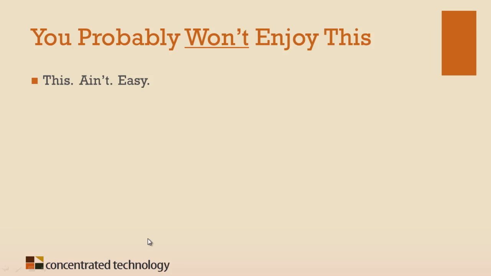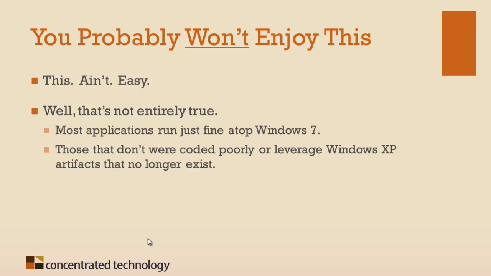Now, admittedly, I say that this isn't easy, but I'm exaggerating a bit because really many applications run just fine atop Windows 7. And there's been enough years now. The big change in a lot of the security model and the profile structure changes happened in the Vista days.